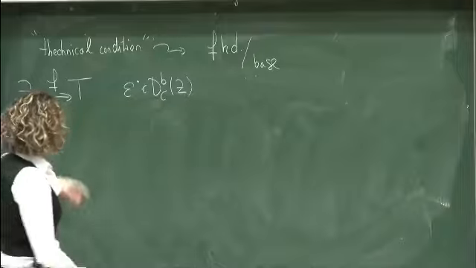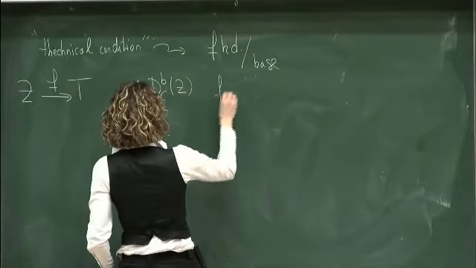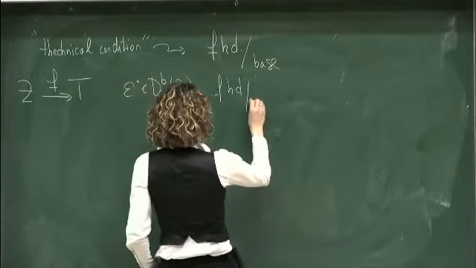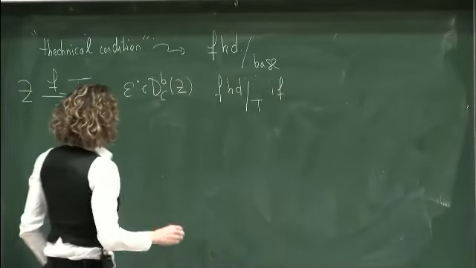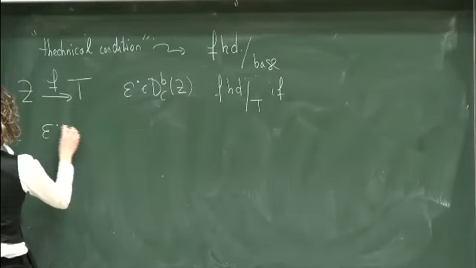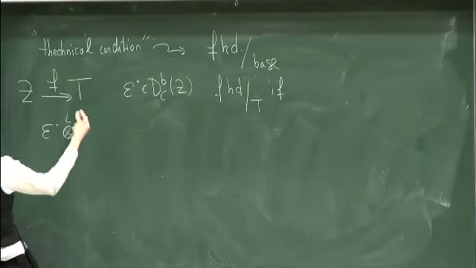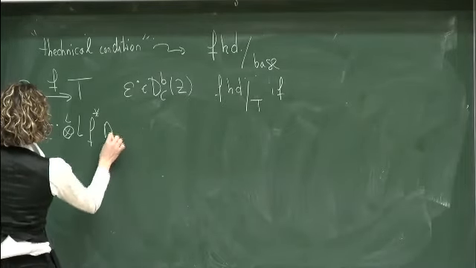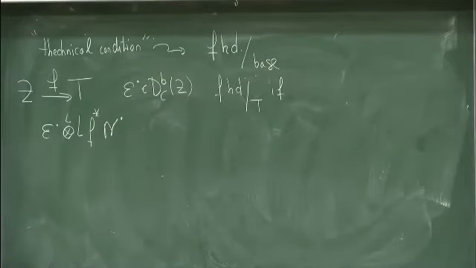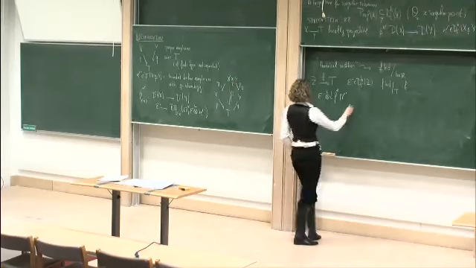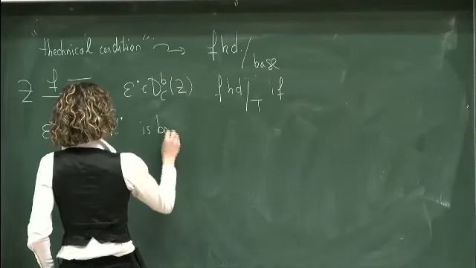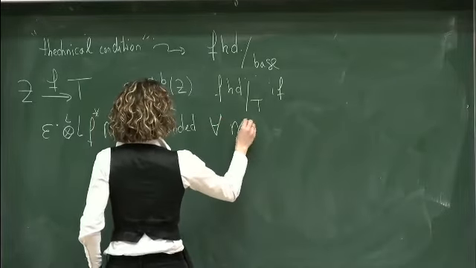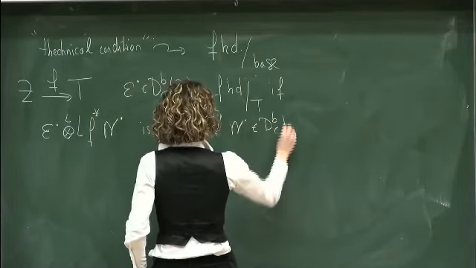The object is said to be of finite homological dimension over the base, over Y, if it satisfies that when you tensor it by any complex coming from the base, this one has to be bounded, for any bounded complex, for all n in here.